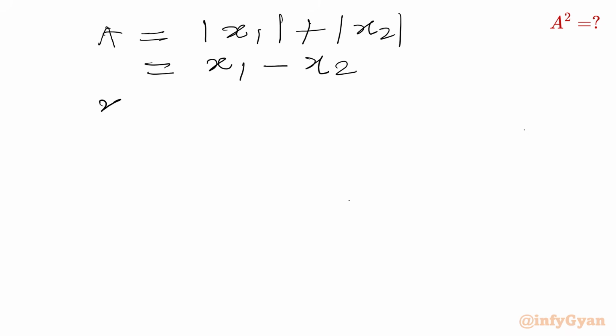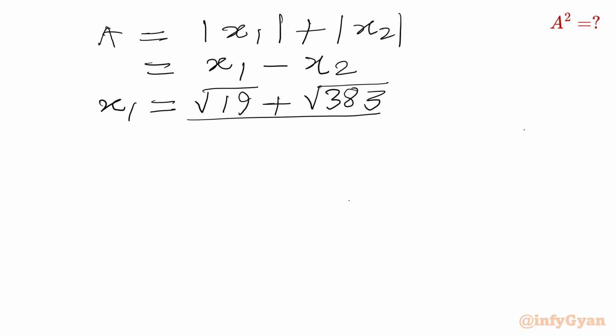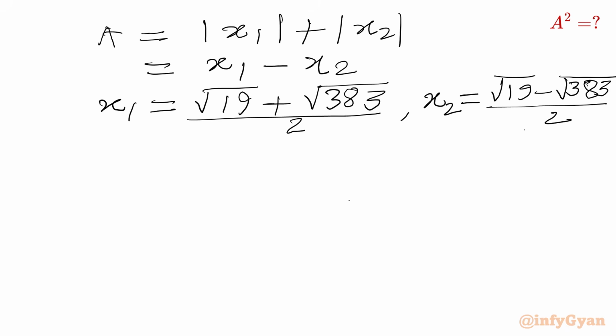We have x1, let me write here, x1 is square root 19 plus square root 383 over 2, and we have x2, which is square root 19 minus square root 383 over 2. Now we will find a, which is x1 minus x2.